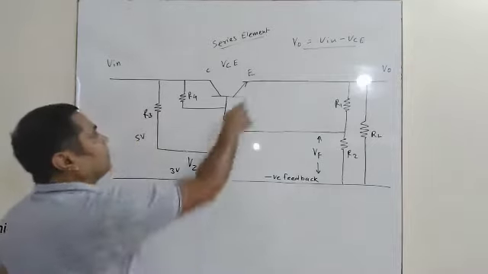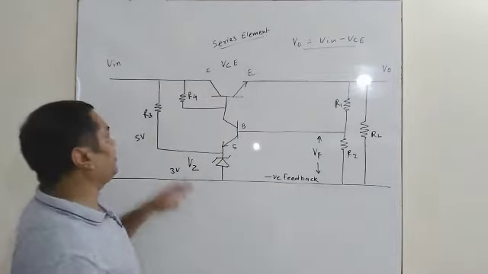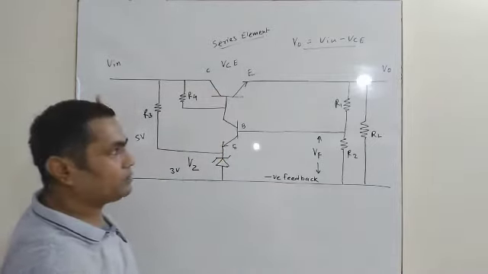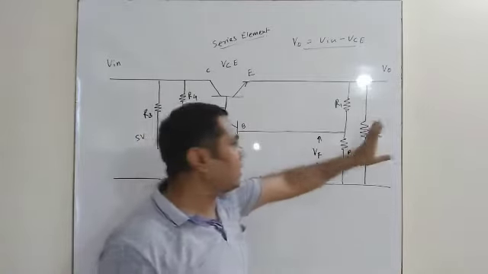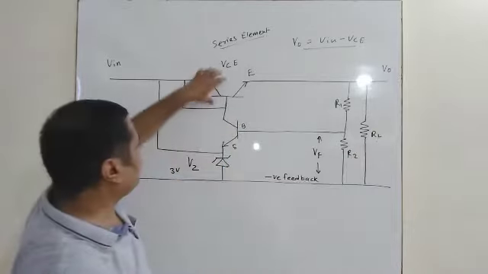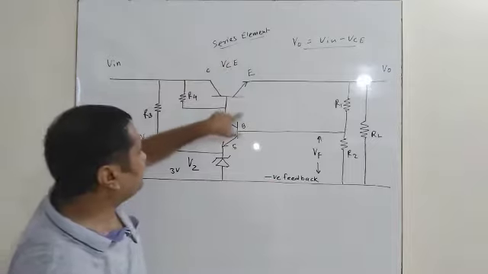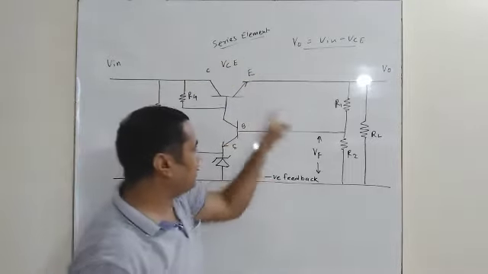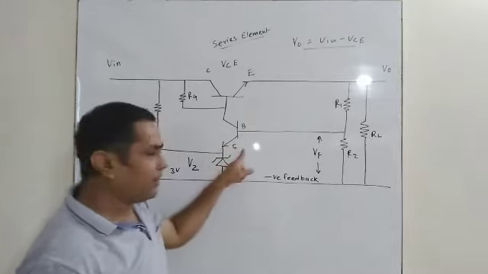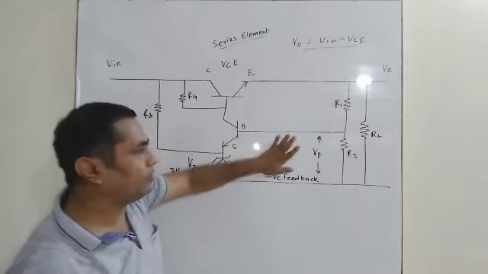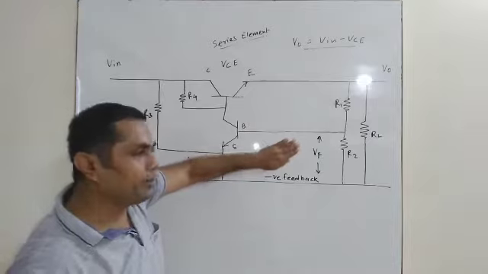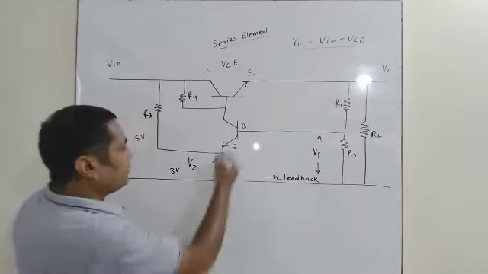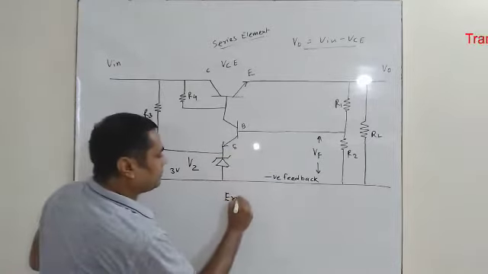This transistor, or series element, is connected in series between the input voltage and the output voltage. So this is the series element, then this is the main amplifier, and here in the feedback circuit this is another amplifier. This amplifier actually minimizes or eliminates the error. That is why this amplifier is called the error amplifier.